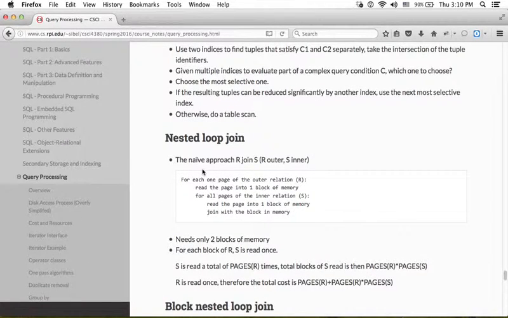So basically, for one page of the outer relation, I actually did that wrong. This is outer, this is inner. I'm getting rusty. Okay? Read it, and then read the S completely, and then continue, right?